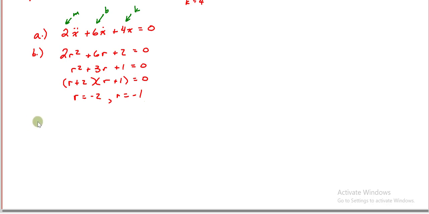So although we haven't yet said exactly why we can do this, we're kind of building this up. We know that our x of t can be written as a general solution as c1 e to the minus 2t plus c2 e to the minus t.